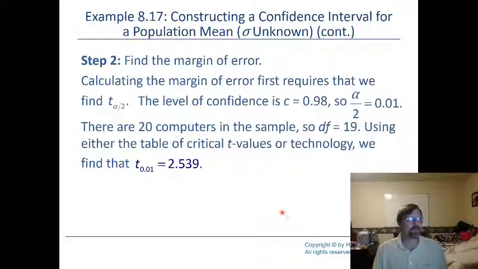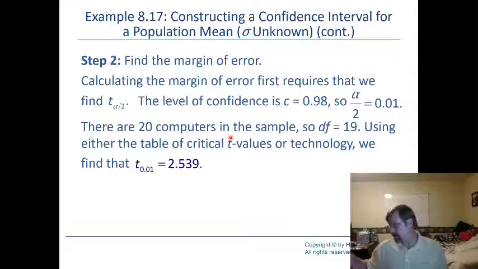Margin of error, first we have to find that critical t value. Confidence level is 98%, so alpha is going to be 0.02, right? 1 minus 0.98 is 0.02. Alpha over 2 that we're looking for is 0.01.